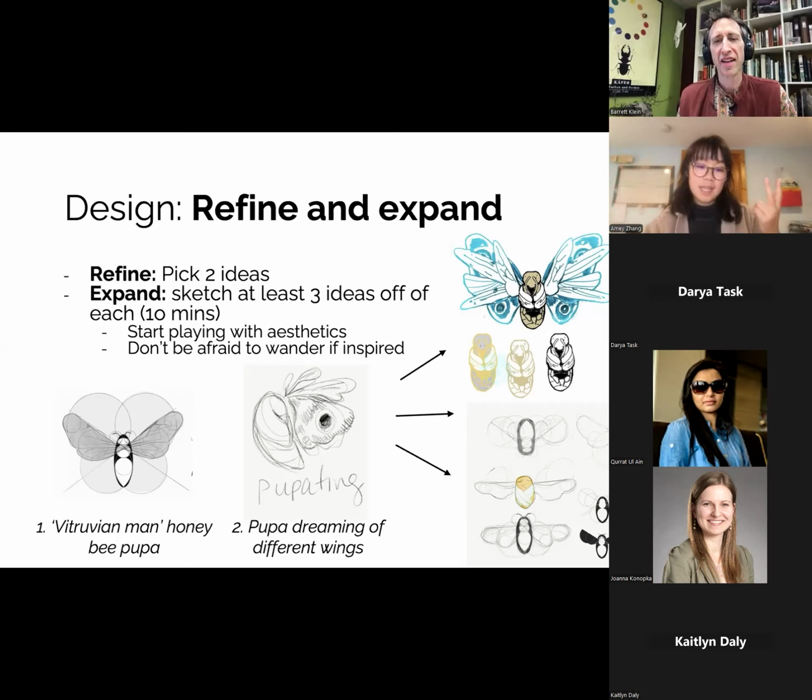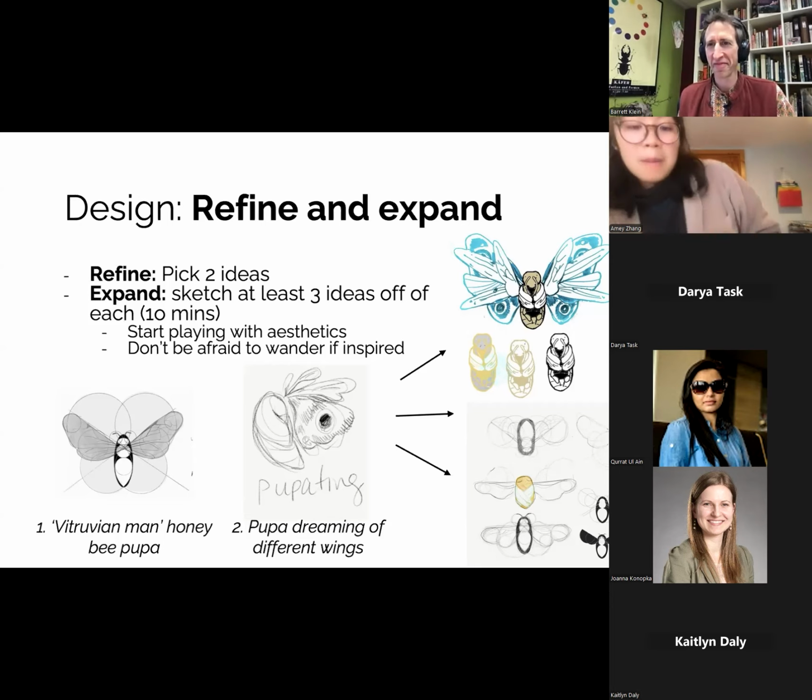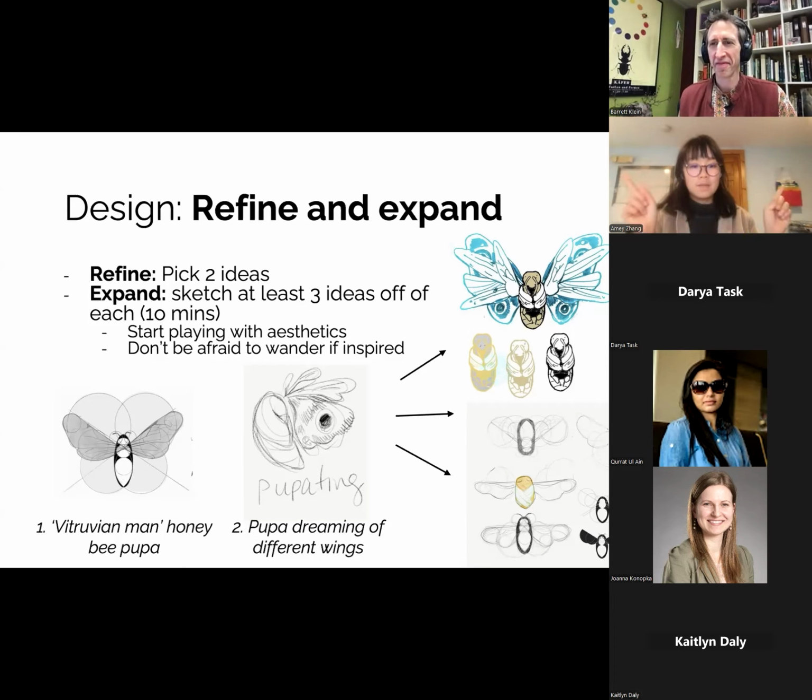And the second one is a pupa dreaming of different wings, so bringing in the sleep element. For this section, I might give you less than 10 minutes so that we can move on to talking about designs and more chatting and questions. But take each of the designs and now iterate off of them again. So generate at least 3 ideas off of each.